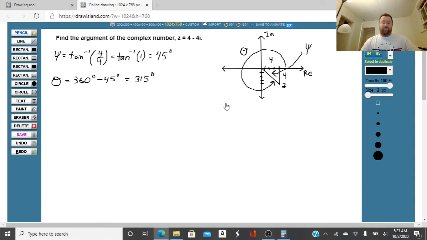We may also want to find the argument in radians, so it's best to convert this angle first to radians and then subtract it from 2 pi, because it's 2 pi radians all the way around. So to do that, we're going to take 45 degrees and multiply by pi over 180.